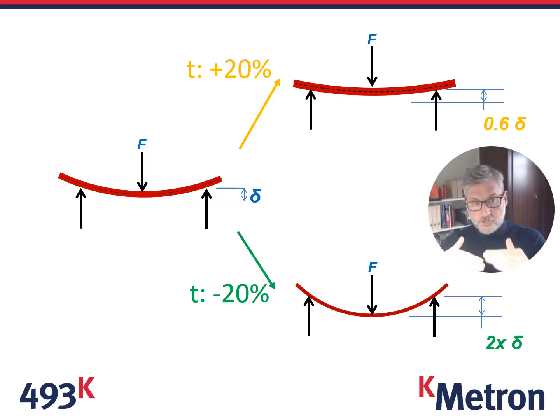If we reduce the thickness of that part by 20%, i.e. from 10 down to 8, the deflection will almost double. So these are some striking figures that we should try to bear in mind the next time we're moulding and looking at our wall thickness variations.